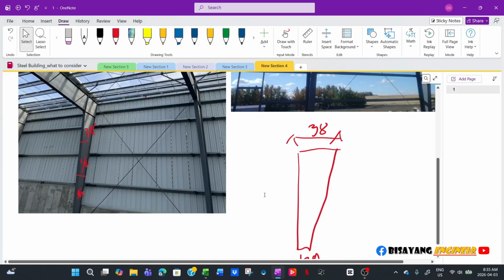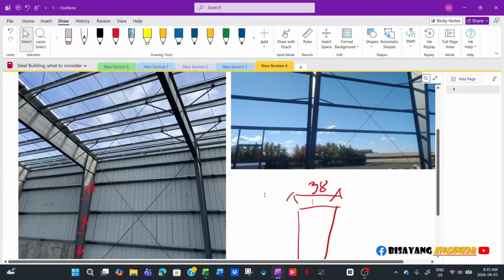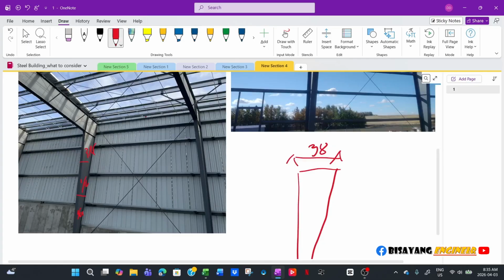So what I usually do is a mock-up calculation and then apply all the loads. Because this one is complicated to model, I will usually just assume a W section, a standard section, and the reaction will still be the same when it comes to snow load and wind load.